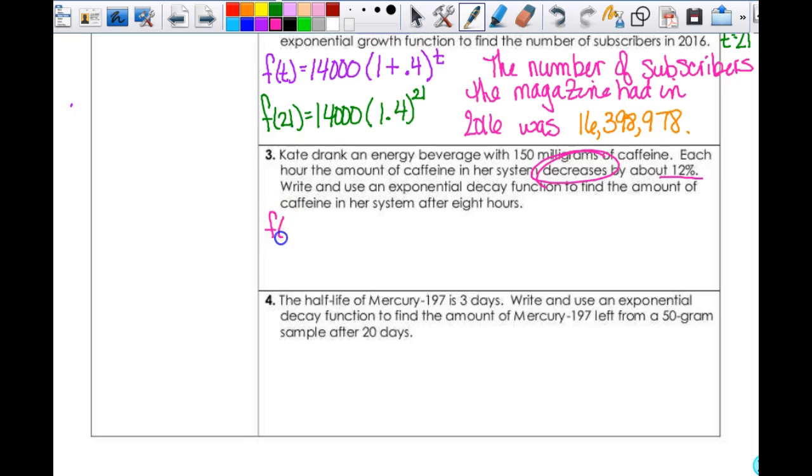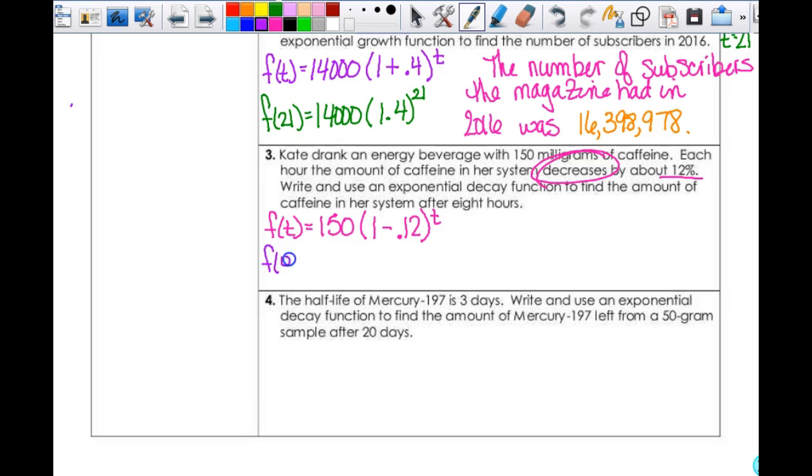So f of t equals, she started off with 150 milligrams. And that's going to be now 1 minus what? 0.12 to the t power. So that's my function. And then it says after 8 hours, so that means t equals 8.